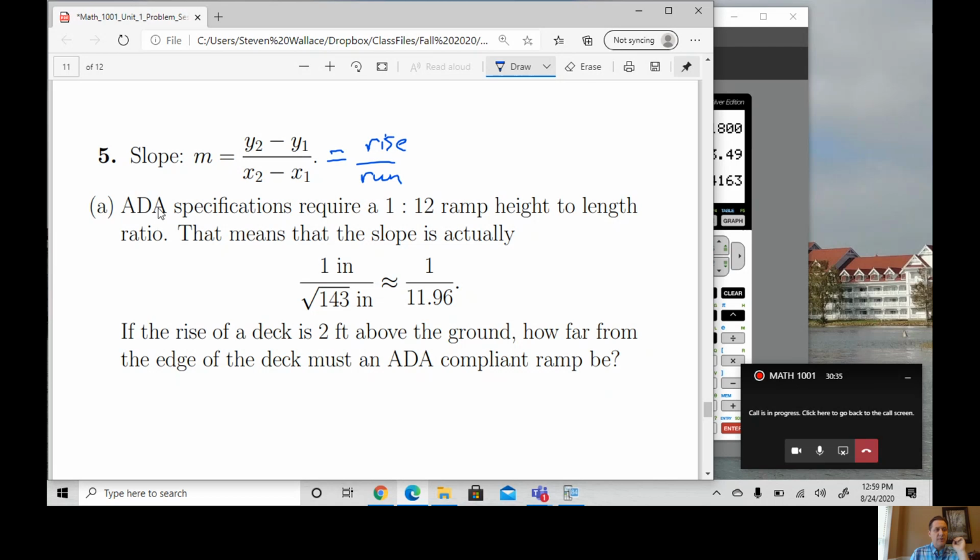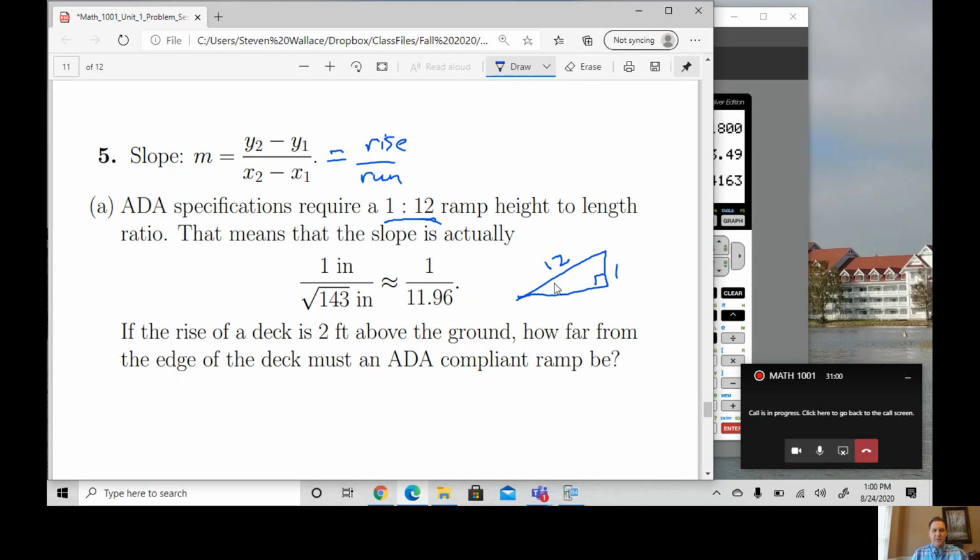The Americans with Disabilities Act specifies that a wheelchair ramp needs to be in a proportion of 1 to 12. That is height to length. So for every 1 inch of rise, you have to have 12 inches of ramp.